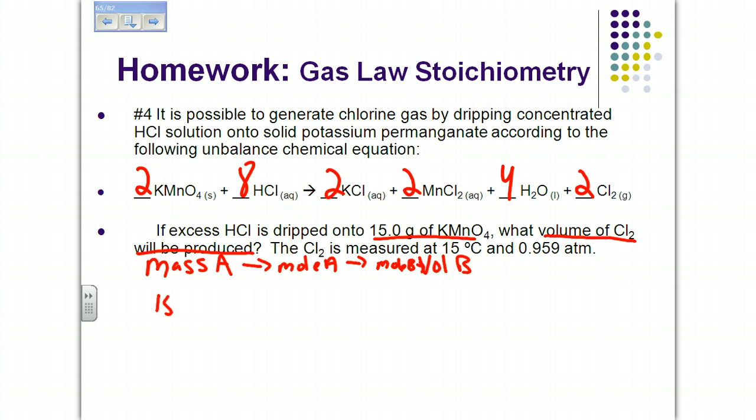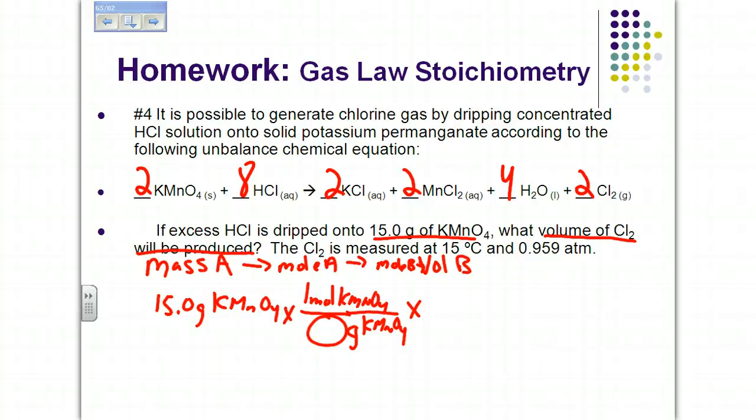So our starting point is 15.0 grams of KMnO4, and we're going to convert that to moles. So we have 1 mole of KMnO4 over grams of KMnO4, and you're going to calculate the molar mass.